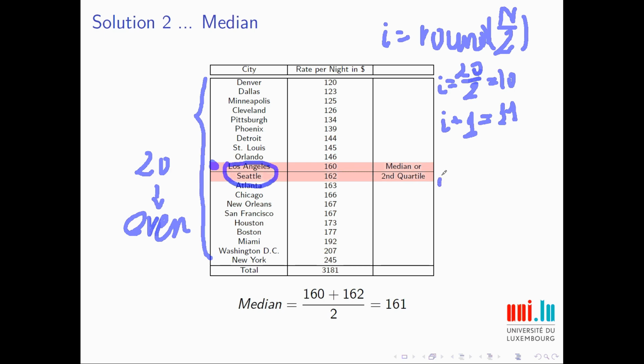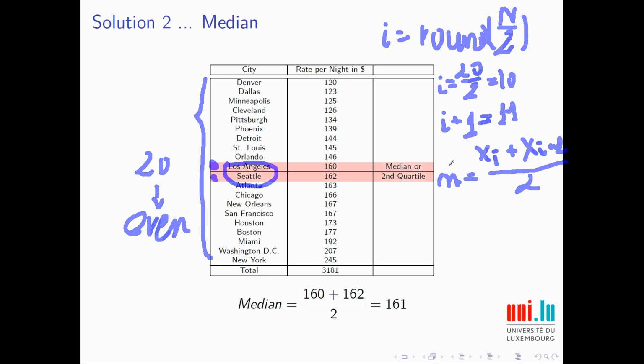In this case, for an even number of observations, we calculate the median as (x_y plus x_(y+1)) divided by 2. So this is the way we found the middle values.